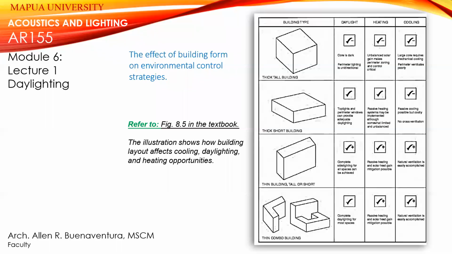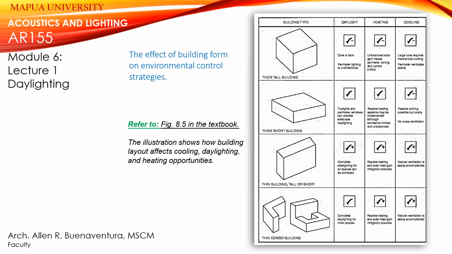Passive heating systems may be implemented but are somewhat limited and unbalanced, and passive cooling is possible but costly, with no cross ventilation. So the thick, short building's disadvantage is that there is no cross ventilation, but the perimeter windows can provide adequate lighting because of the large area of the building that is exposed to sunlight.